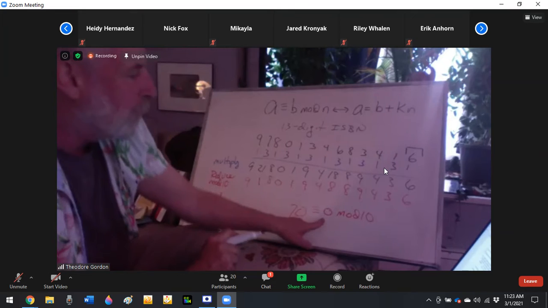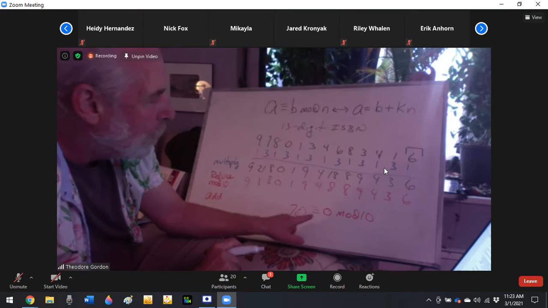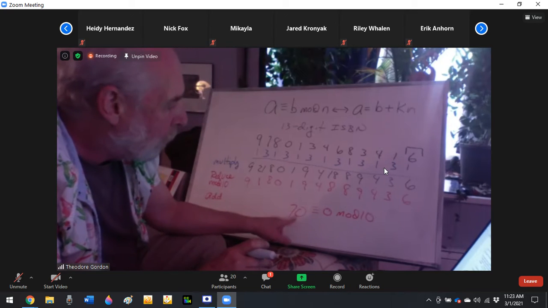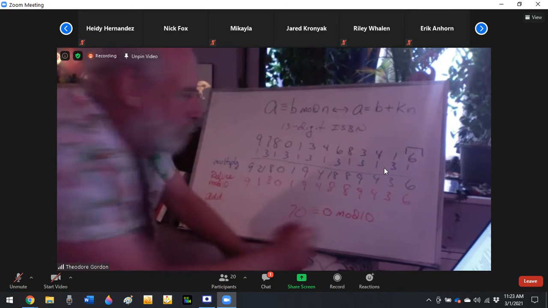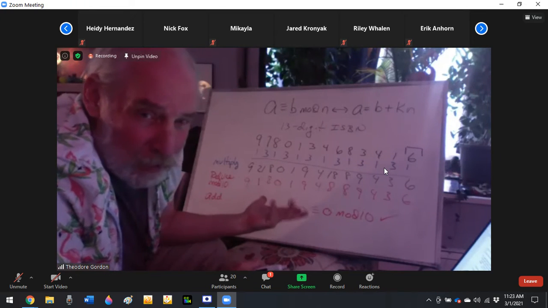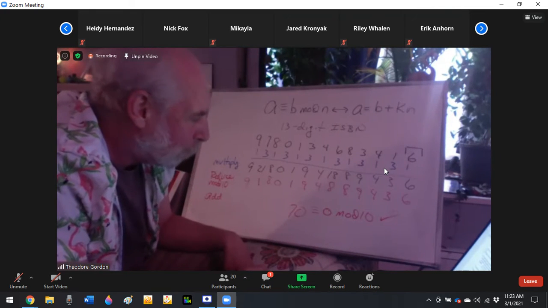You can read this in English as this number is equivalent to 0 mod 10, or this number is a multiple of 10. So that check digit works out, which we know it did because it's from a book.